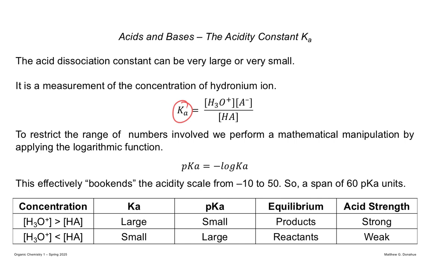So essentially what's been done is you're basically applying the logarithmic function to each side. In chemistry, that log function is designated as P. So now we define pKa as the negative log of Ka.